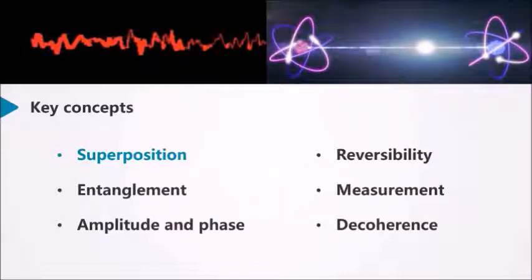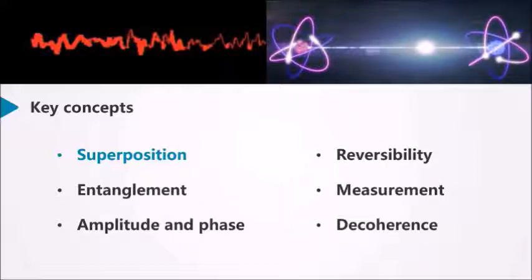Let's go through some of the key concepts of quantum computers. There are 6 common key concepts: superposition, entanglement, amplitude and phase, reversibility, measurement, and decoherence. Superposition is a superposition of zeros and ones, where we consider the physics here.